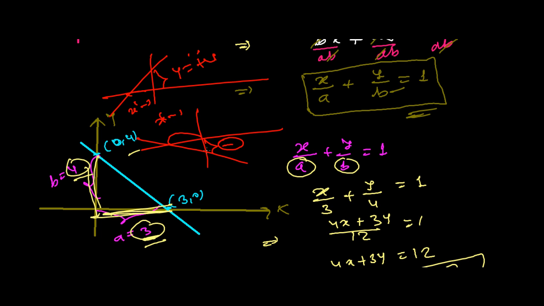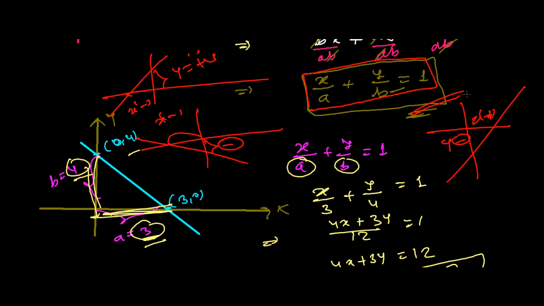Sometimes you may get like this, where the x-intercept is positive but the y-intercept is negative. It does not matter. If it is negative, put negative; if it is positive, put positive. You don't have to worry. It may be positive or negative, but the main form of the equation is x over a plus y over b equals 1. So keep this in your mind.